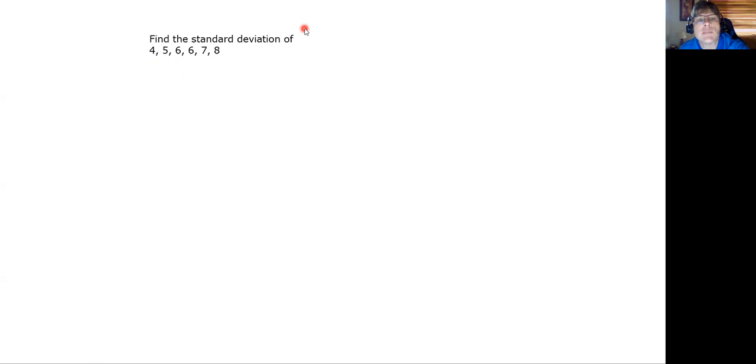So the first step is to find the mean, and the mean is the sum of the data divided by the number of data.